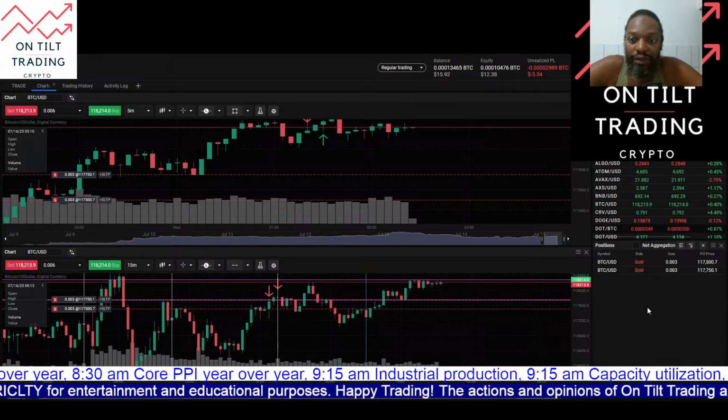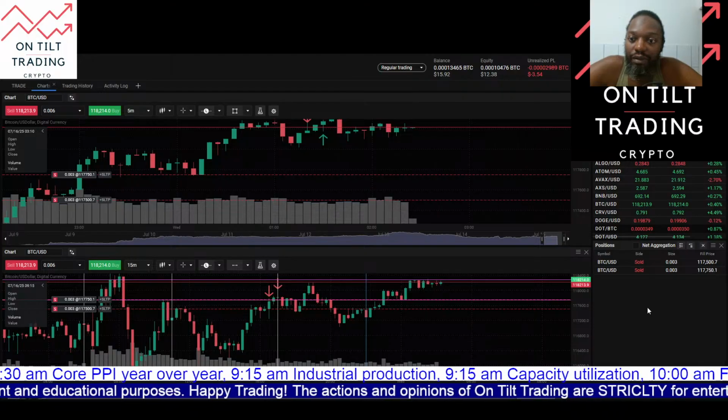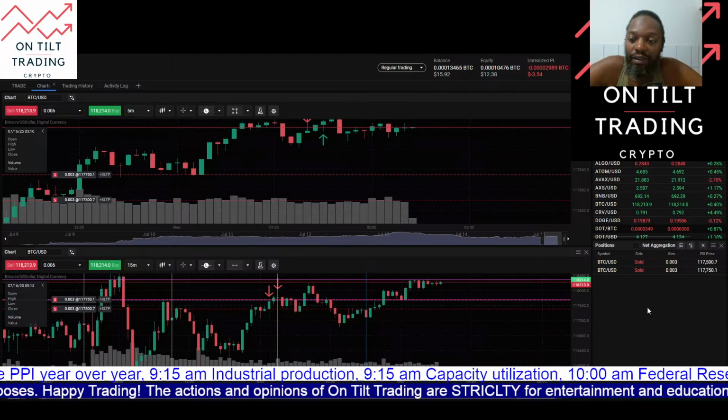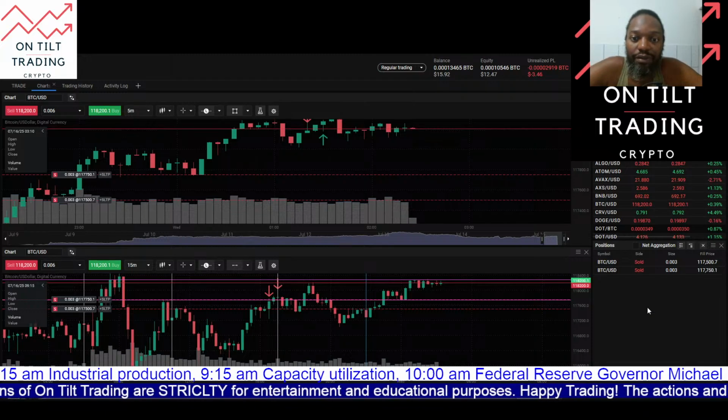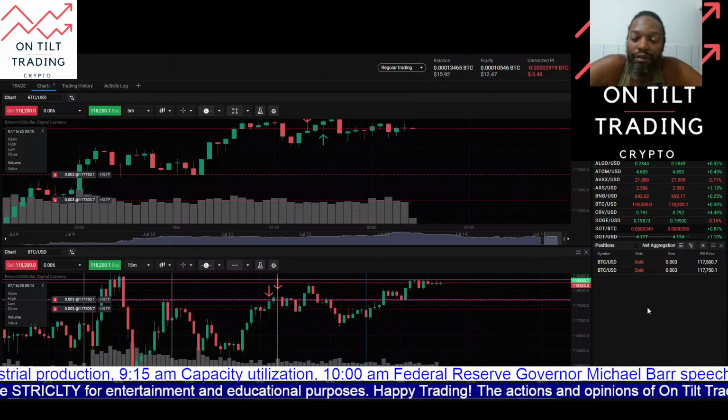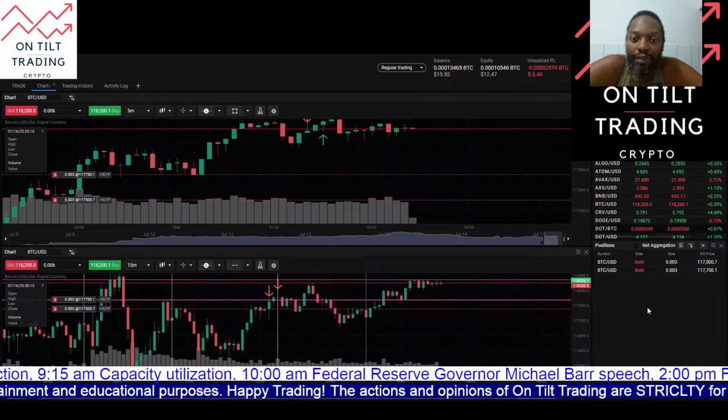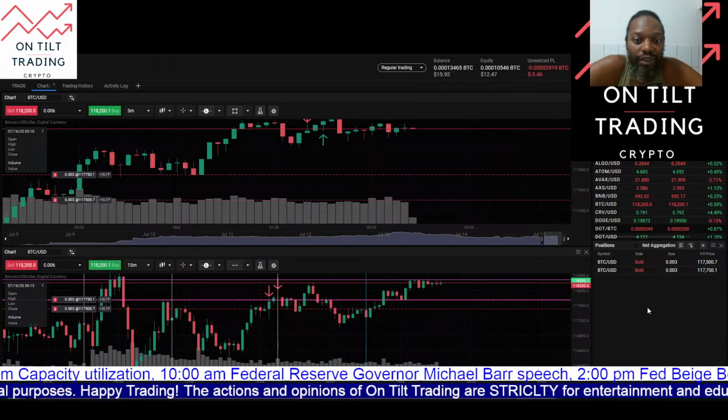I'm going to keep an eye on this 5-minute candle here, short of seeing any aggressive sell side delivery. I'm likely going to call it, but I'm going to want to see price pull away from this 118,200 level.